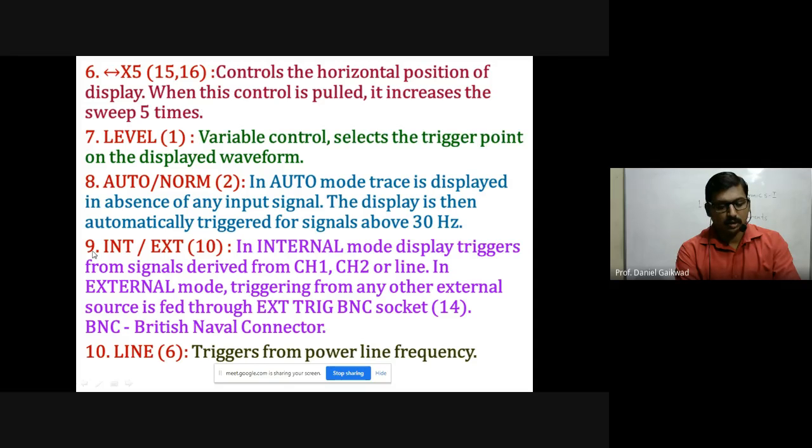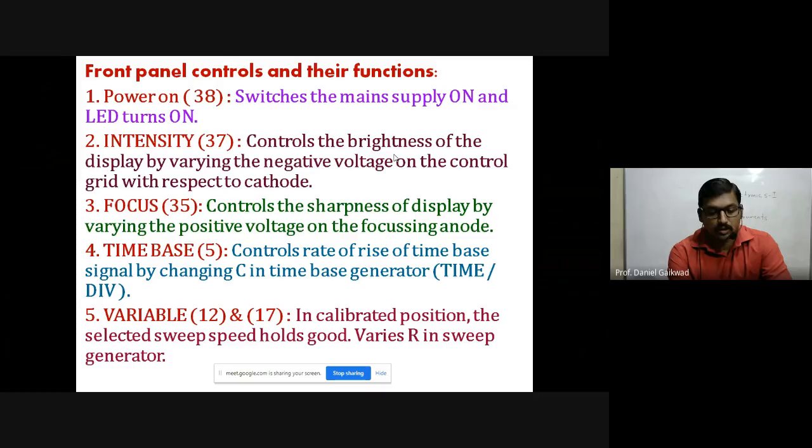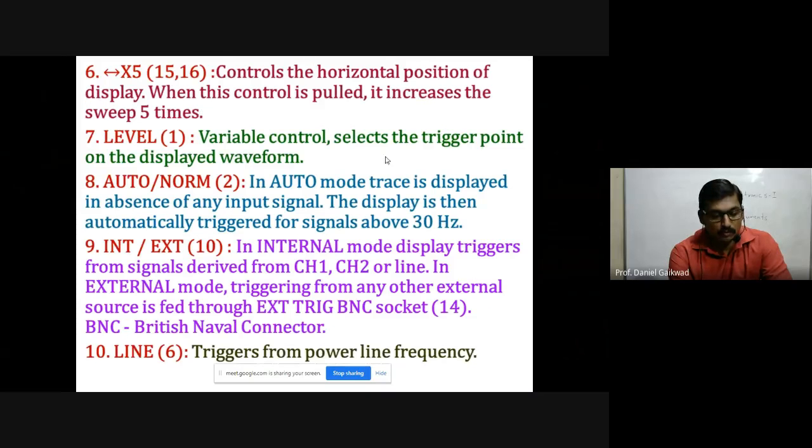Next is number 9, internal external. Now check carefully, internal. That is the number 10 button, there is a press button, internal external. Either we have internal or external, depending upon the toggle button.